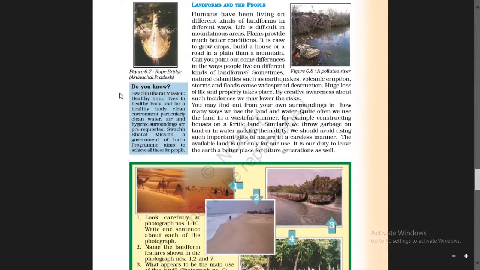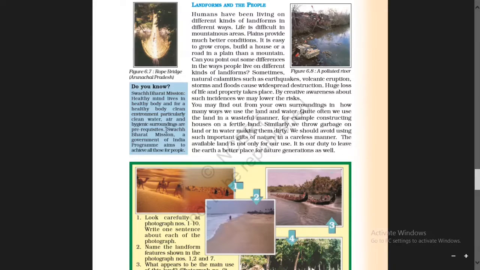Boys, have a look towards the left side of your book, the left margin under the picture. Do you know Swachh Bharat Mission? A healthy mind lives in a healthy body, and for a healthy body, a clean environment, particularly clean water, air, and hygienic surroundings are prerequisites.